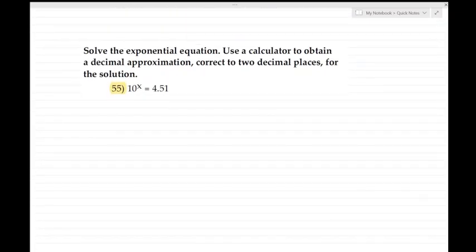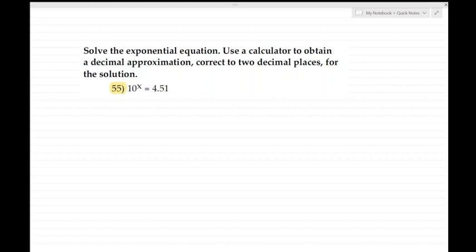Okay, next, solve the exponential equation, and then use a calculator to obtain a decimal approximation, correct to 2 decimal places for the solution. So a couple ways to do this problem. First will be to apply ln on both sides, if you will.